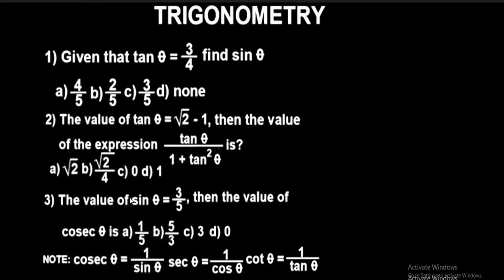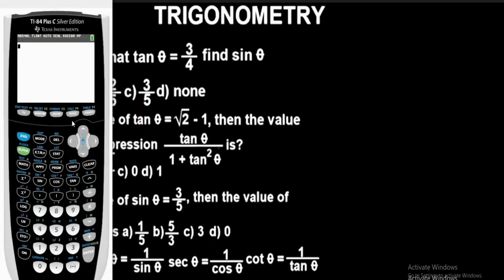So let's go to question 2. It says the value of tan theta equals square root of 2 minus 1. Then the value of the expression tan theta over 1 plus tan square theta is what? So let's bring the TI-84 Plus again. Let's reset it because we're going to store a new number. To reset, press second, this plus button, press 7 to clear all RAM, press 1, press 2.